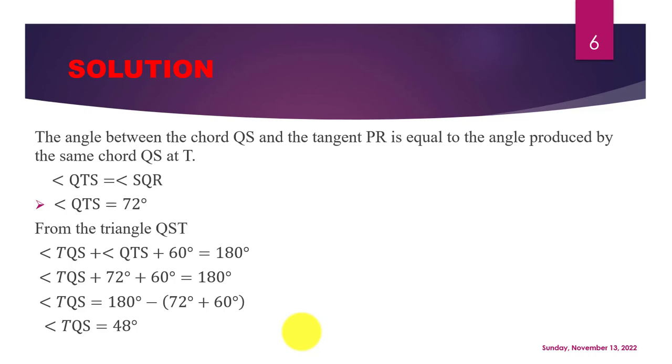Thus, we are getting angle TQS plus 72 degrees, which is angle QTS, plus 60 degrees equal to 180 degrees. Making angle TQS the subject, we are getting angle TQS is equal to 180 degrees minus (72 degrees plus 60 degrees), giving us angle TQS equal to 48 degrees.